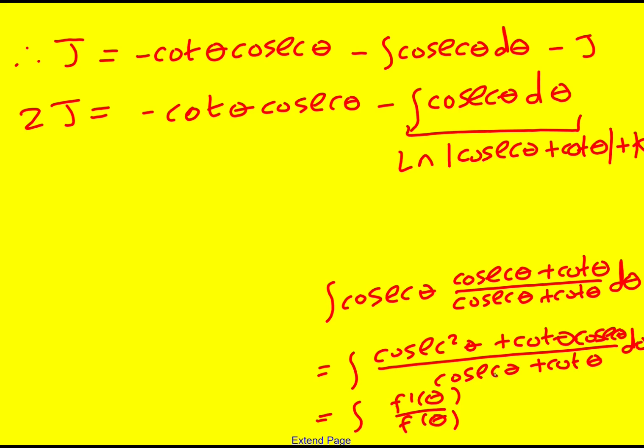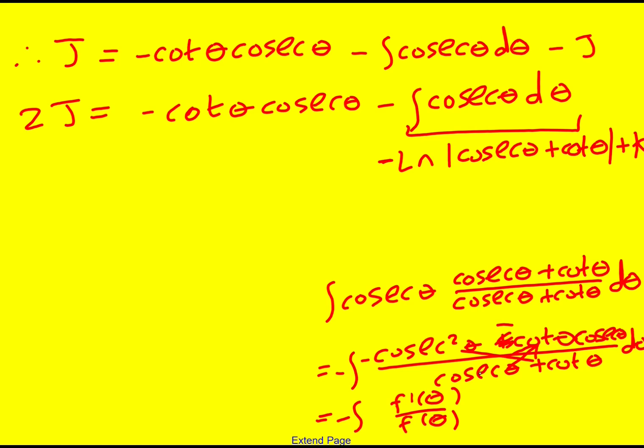If you differentiate cosec, then you get cosec cot. So that one differentiates to that. And if you differentiate cot, then you get, sorry, you get minus. I think I've made a mistake here. I think that should become a plus. So this is a minus here. Yeah, sorry. So I need to put a minus here and a minus here, and then take the minus out of the integral.